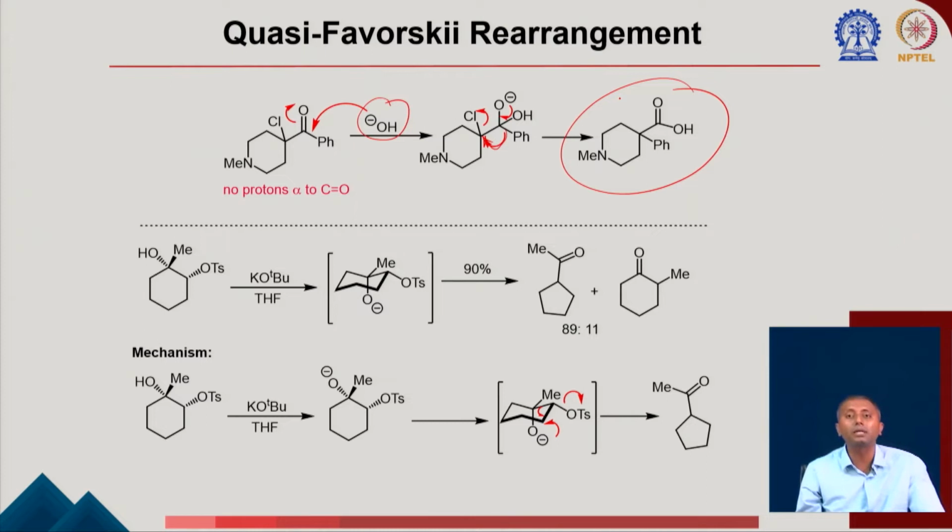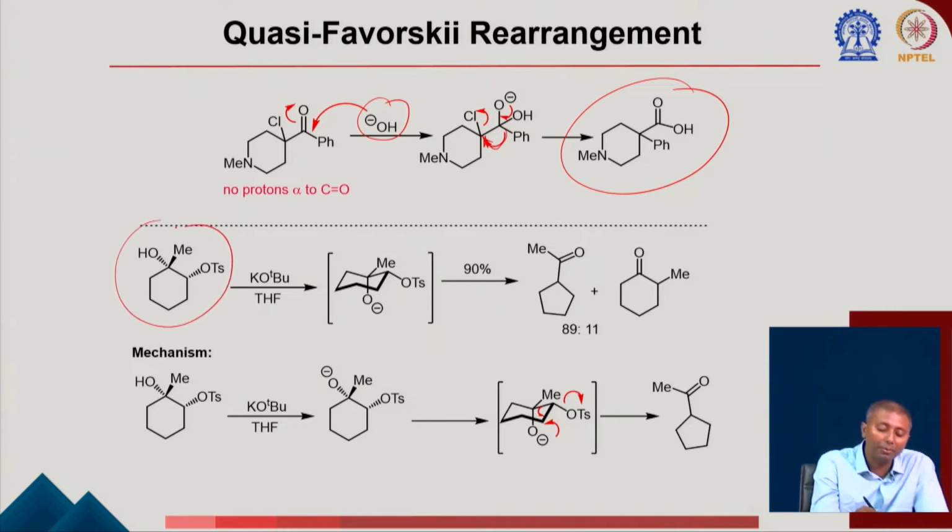Now the question comes that sometimes we also see that a semipinacol rearrangement happens, where you have an OH and an OTs, because we can make them from the corresponding alcohol using tosyl chloride and pyridine. I already talked about this type of reaction. Now if you treat with base, it is going to form this O minus here.